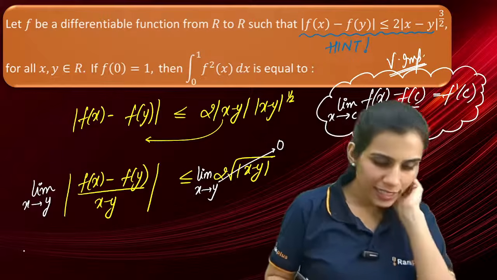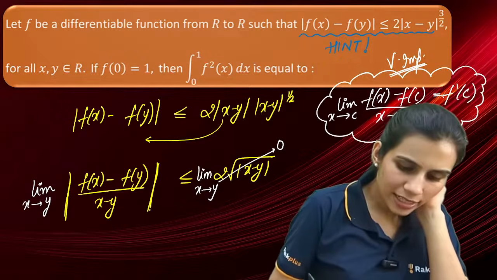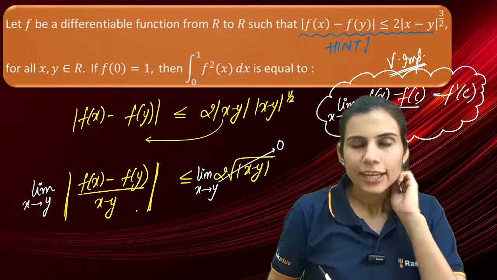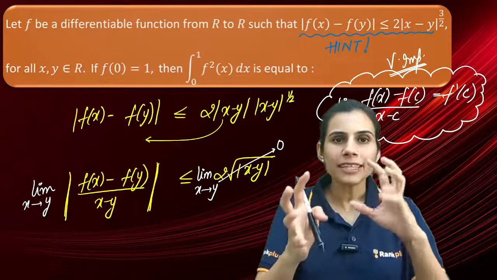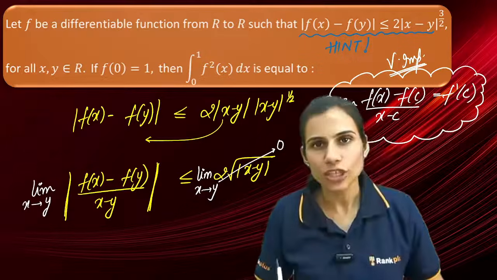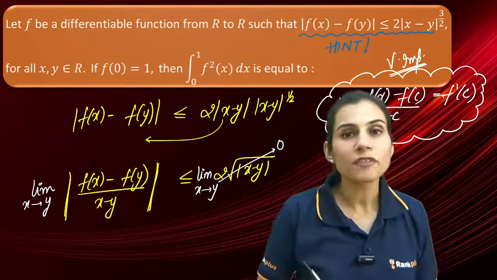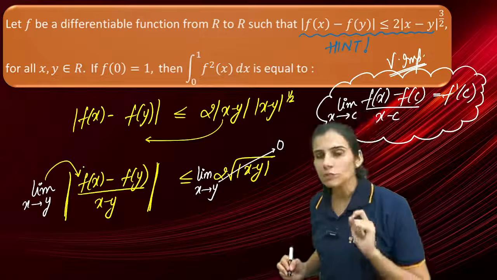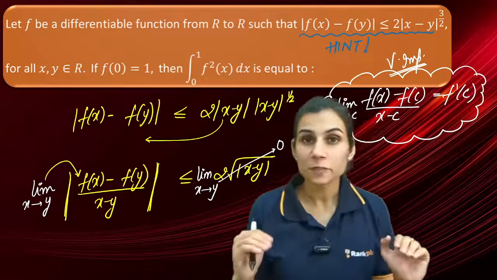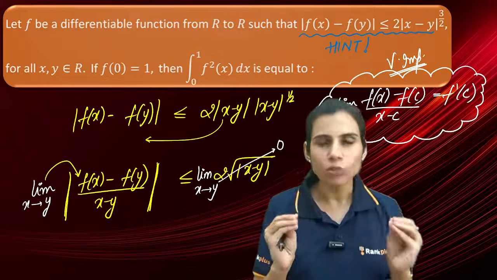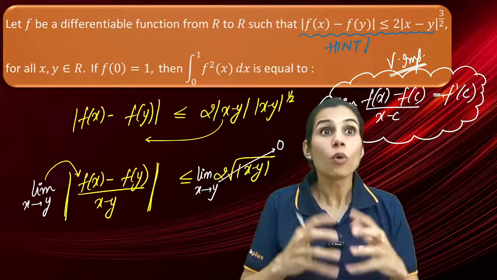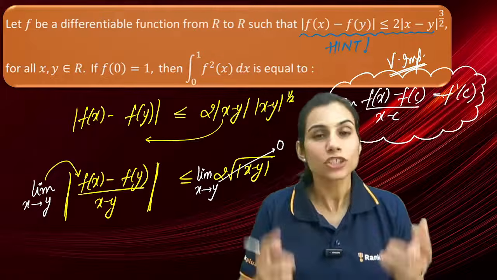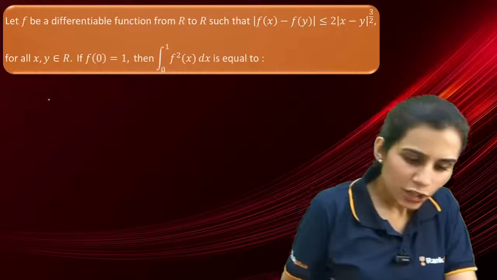Listen to me carefully. Mod function is a continuous function. Whenever you have a continuous function, limit and a continuous function can always interchange places. So limit is allowed to go inside mod because mod is a continuous function. Nobody will explain this to you in this much detail, but every iota of why I did that should be clear in your head. So what am I going to get?